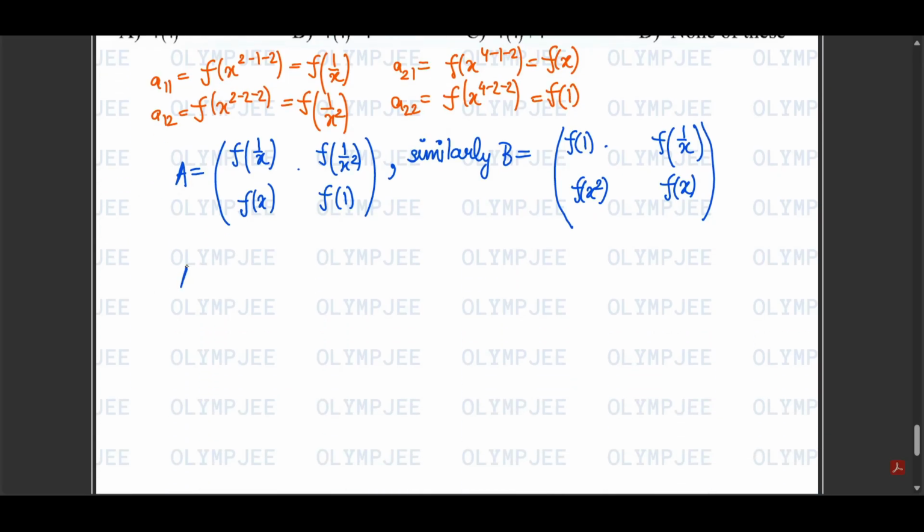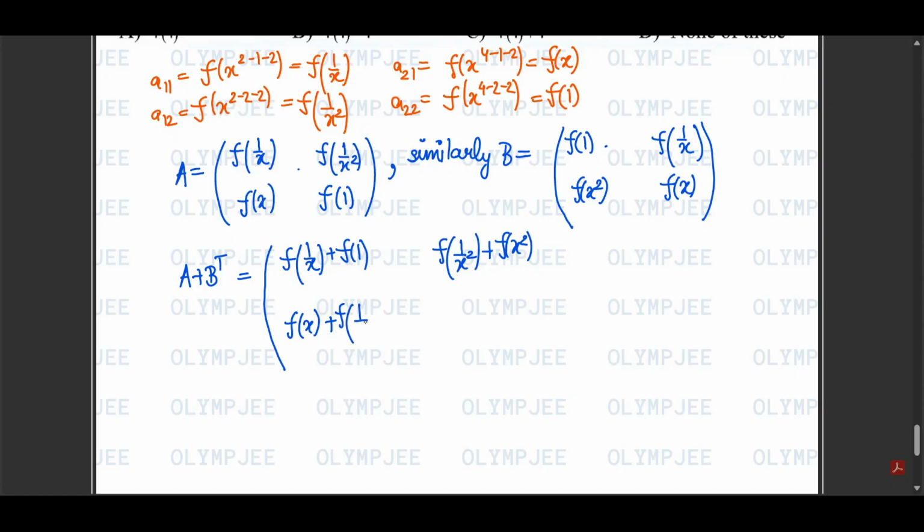So A plus B transpose will be equal to f of 1 by x plus f of 1, this will be f of 1 by x square plus f of x square, f of x plus f of 1 by x, and this will be f of 1 plus f of x.